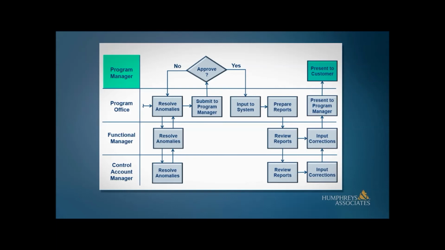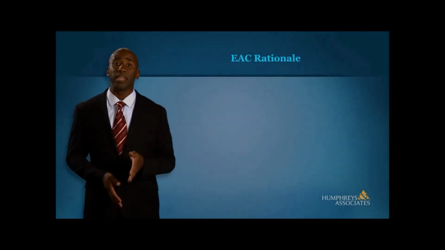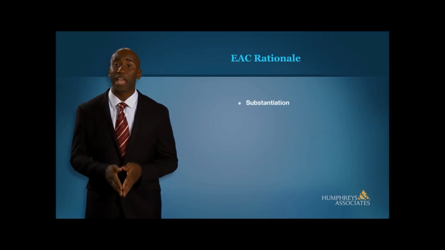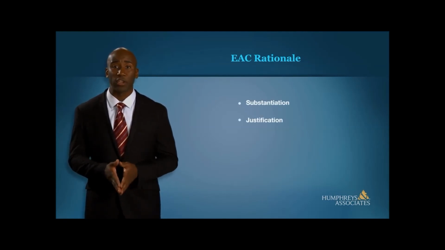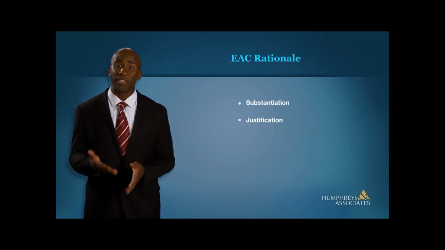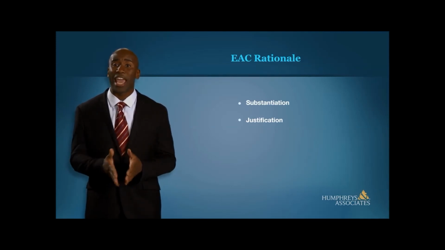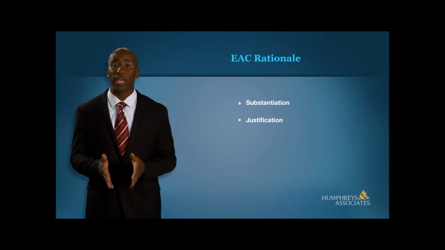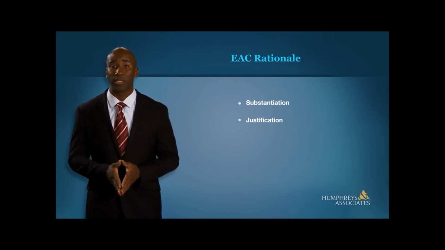The EAC rationale is an explanation of how, substantiation, and why justification for the EAC change, if it did, and it documents the CAM's basis of estimate. Statements such as "more work than expected" are not acceptable. What specific work and the detailed estimate of how much more work is needed should be documented.